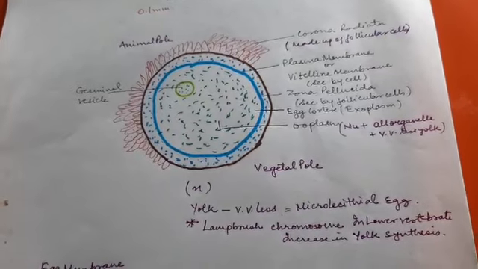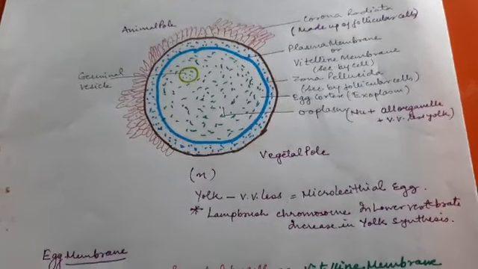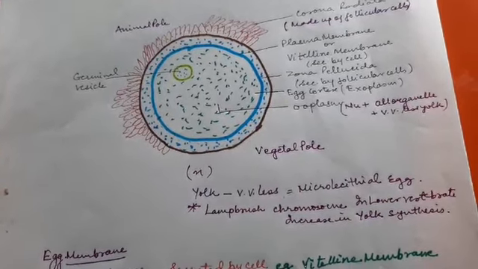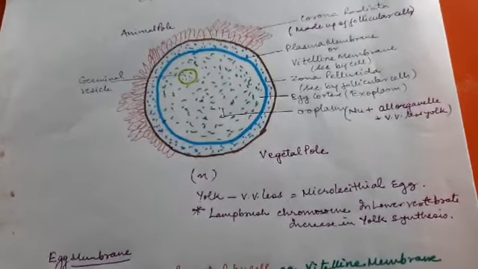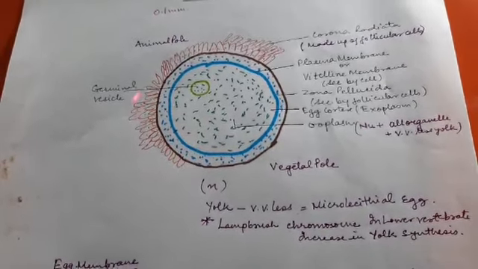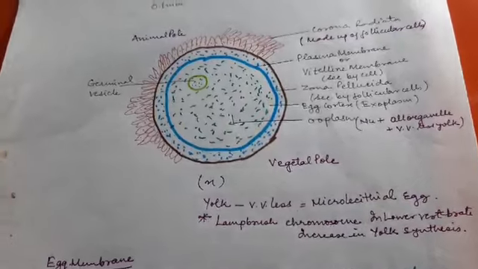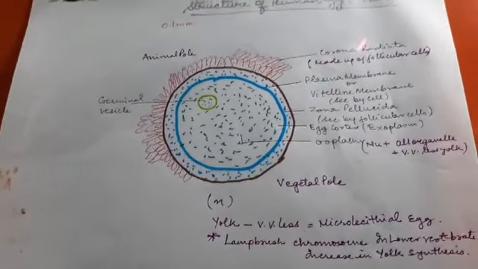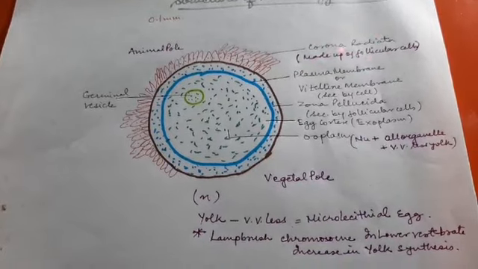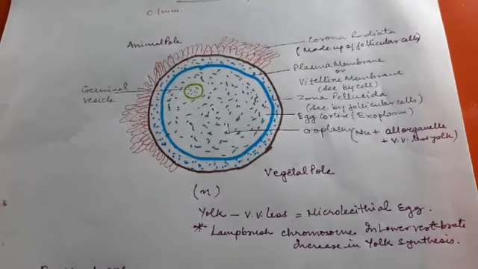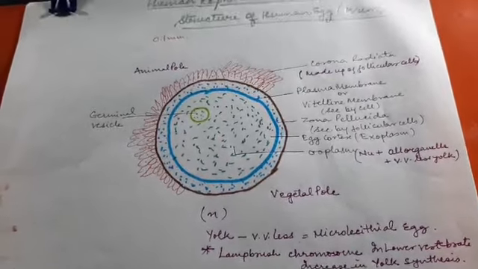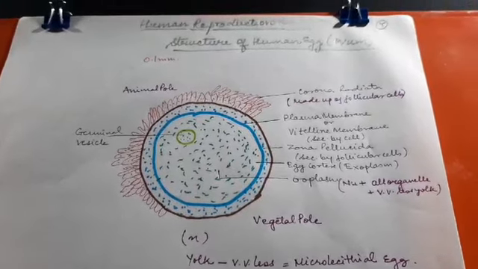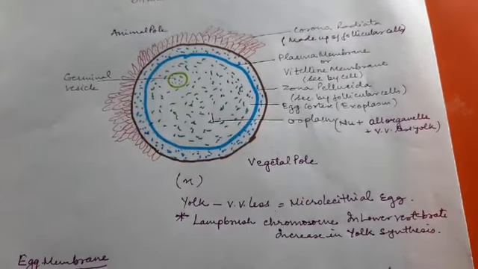Now, the third layer is actually made up of follicle cells themselves, and they are arranged in such a manner that they appear radiating out from the outside. That is why it is known as corona radiata, and it is made up of follicular cells itself.